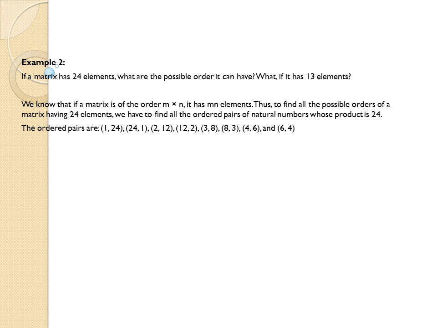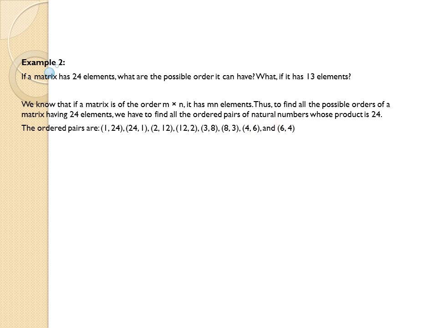Next one, 2 and 12: 2 into 12 is 24. That is the third option, and the fourth option is the opposite, 12 rows and 2 columns. Next one, 3 and 8, which gives 24, and the opposite is 8 cross 3. Next one is 4 into 6, which is 24, and the opposite is 6 comma 4.